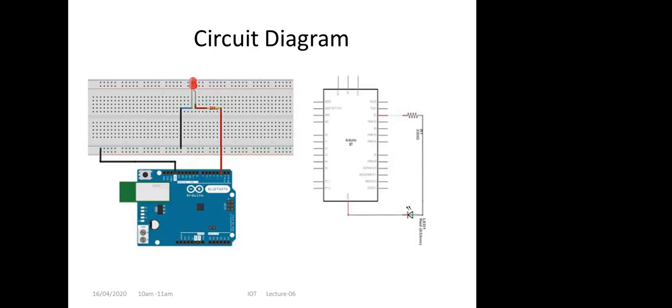Yesterday we have seen that, but again see here, 13 and this is the ground pin. The ground pin is given for negative, and here it is the 13th pin which is given for positive. But we can use any pin from pin number 0 to pin number 13.